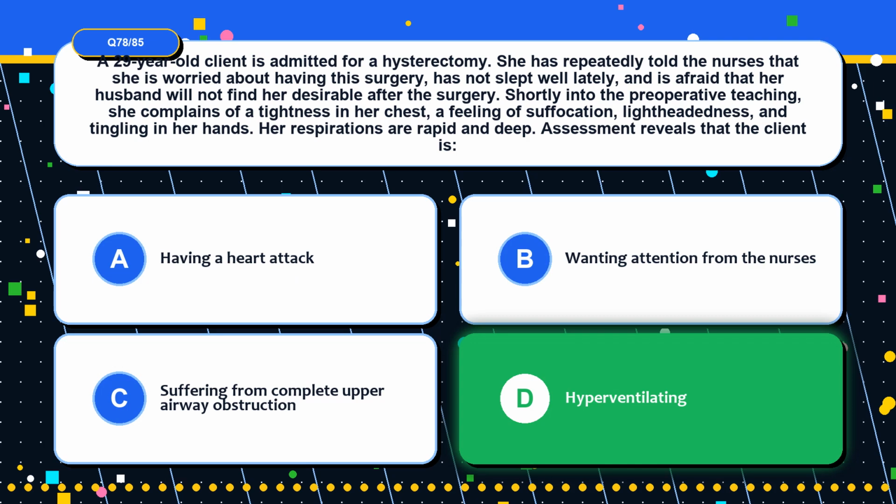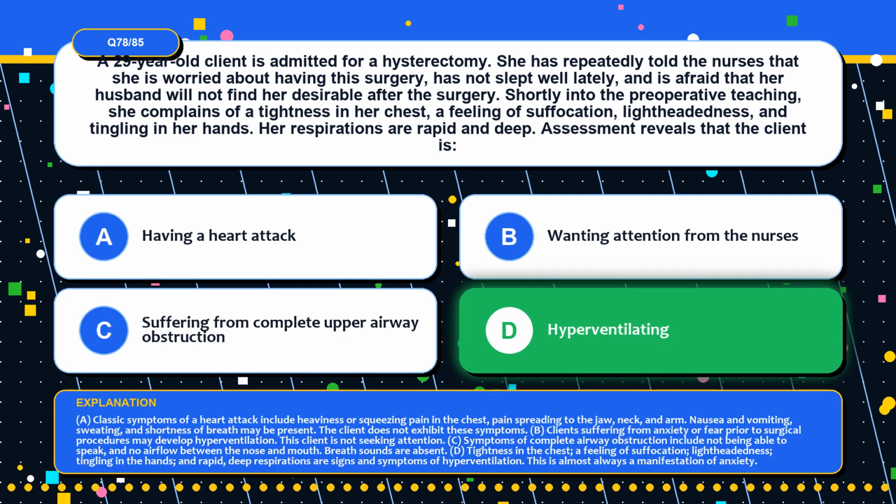The correct answer is option D, hyperventilating. A. Classic symptoms of a heart attack include heaviness or squeezing pain in the chest, pain spreading to the jaw, neck, and arm. Nausea and vomiting, sweating, and shortness of breath may be present. The client does not exhibit these symptoms. B. Clients suffering from anxiety or fear prior to surgical procedures may develop hyperventilation.